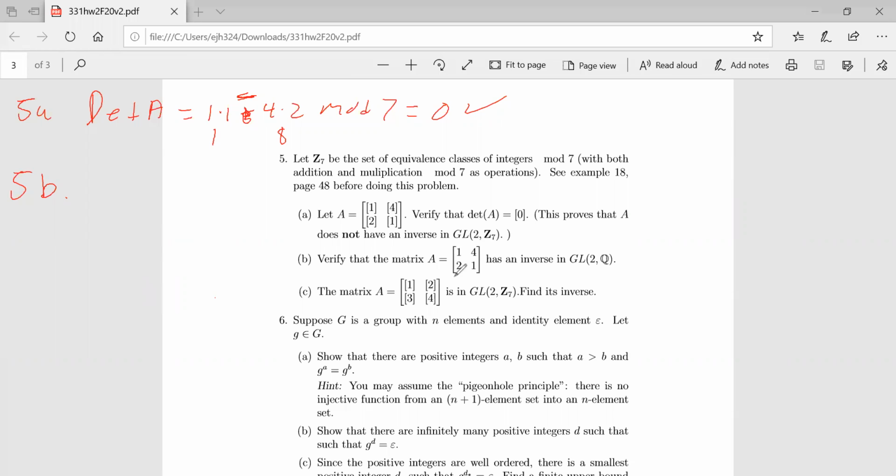So does this guy have an inverse in GL2Q? Oh, sorry. They have a determinant with norm 1, right? So if we were to work in complex numbers, we would also allow anything on the unit circle.